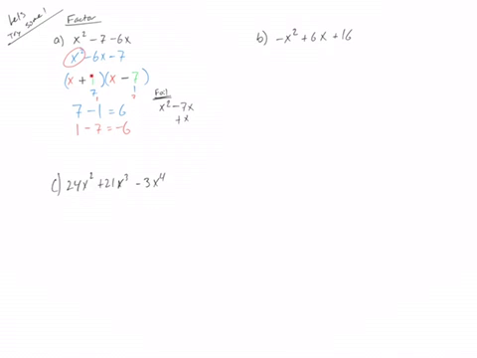And then 1 times negative 7 gives me negative 7. It's going to give me x squared minus 6x minus 7. This is exactly what we started with. This and this are the same. So yes, this indeed is my answer.